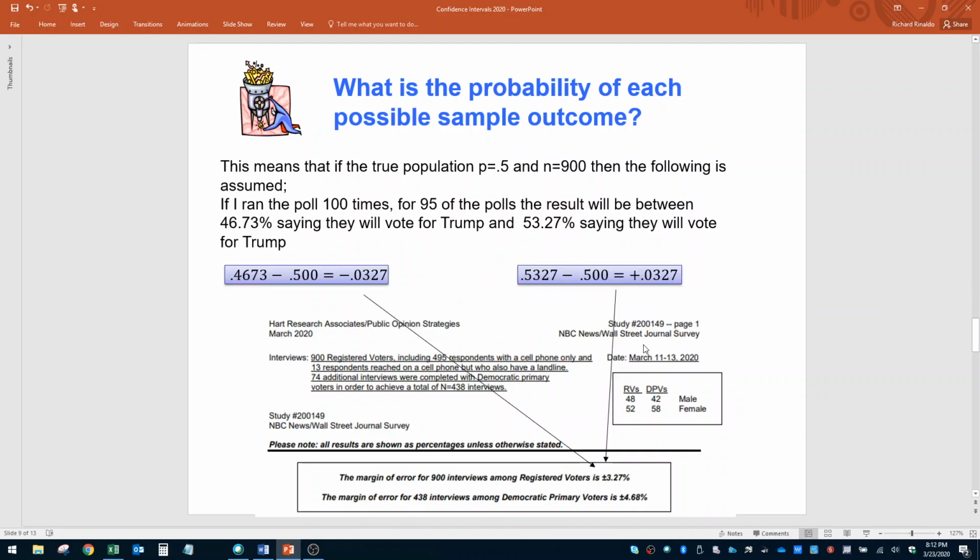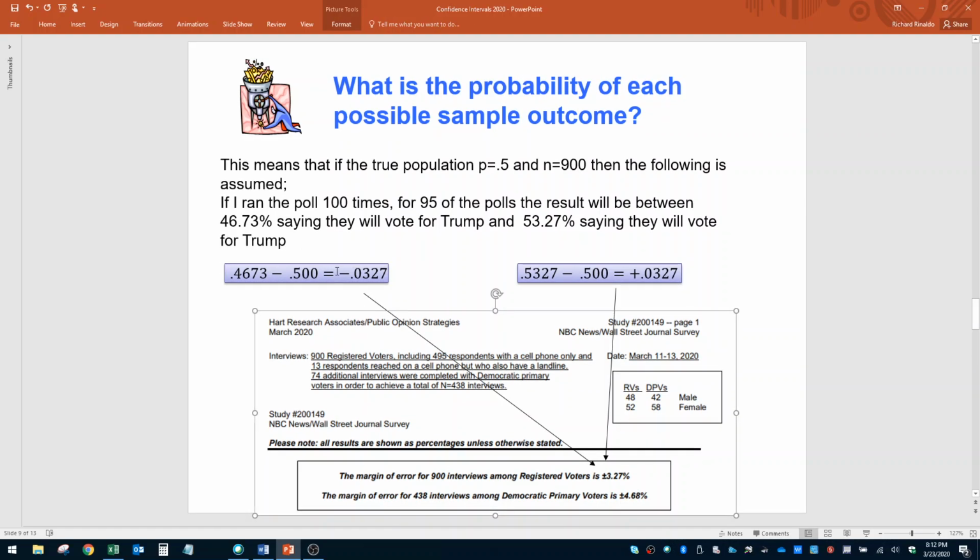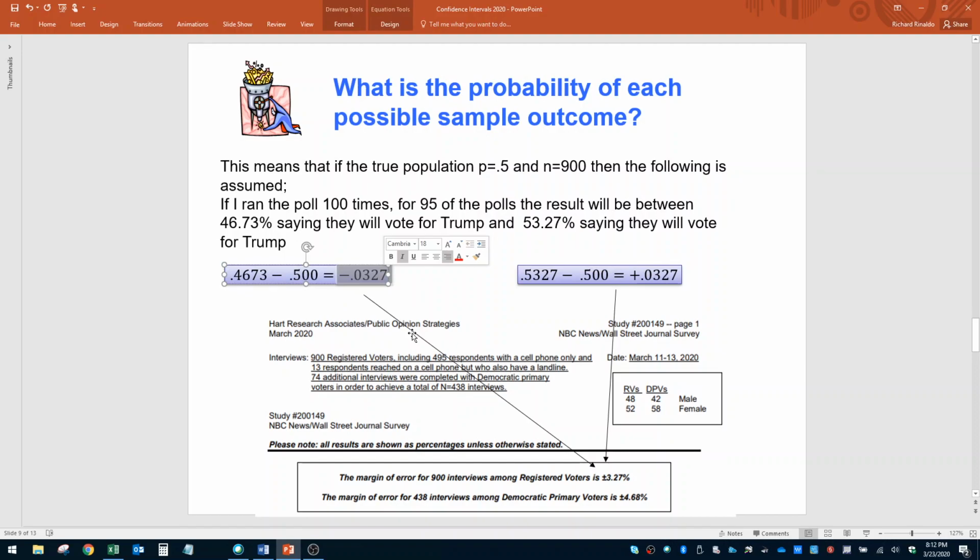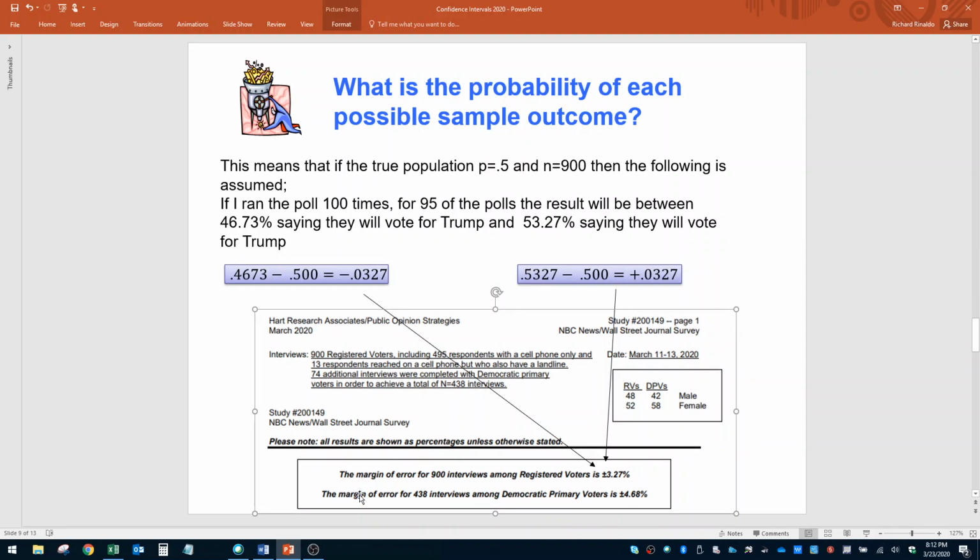Okay. If I take the cutoff for the bottom 2.5% and subtract from it the assumed population value of 0.5, which I used for the z-score calculation, that value is minus 0.0327. If I take the cutoff for the top 2.5% and subtract 0.5, that gives me plus 0.0327. That matches the confidence interval that Harris Research Associates reported.